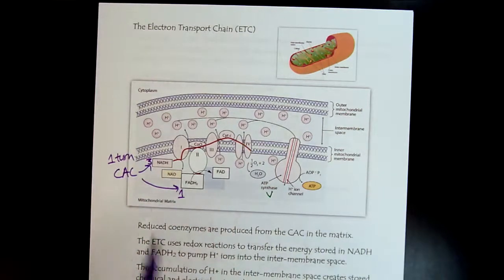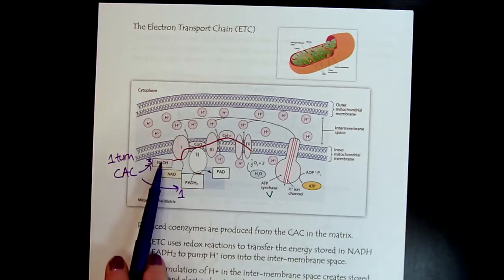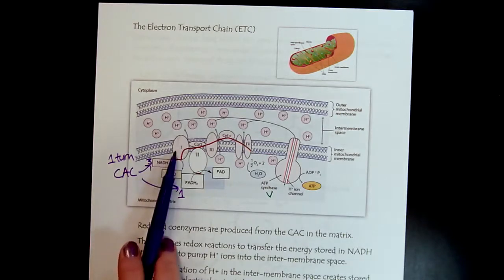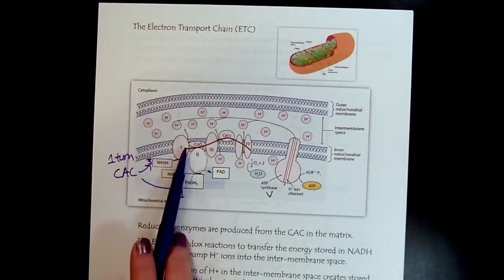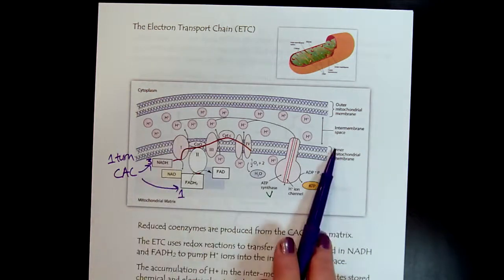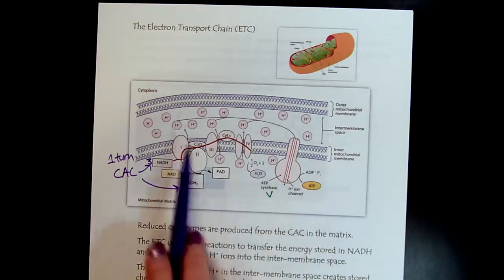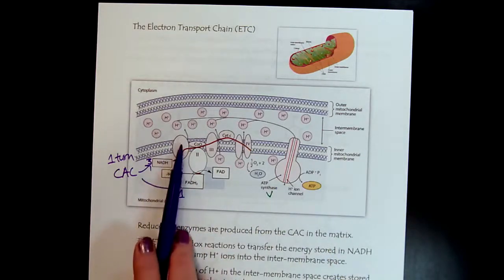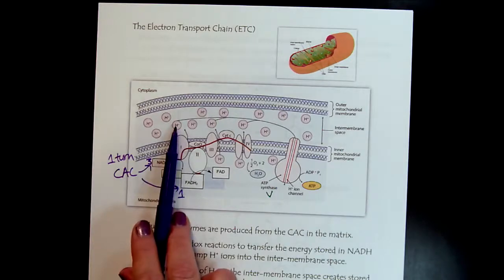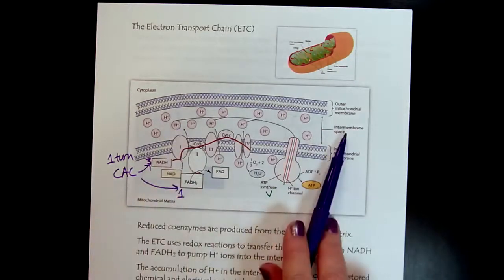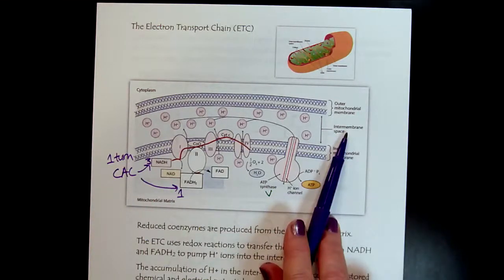Now, it's important to note that the NADH enters the electron transport chain at complex 1. And see how complex 1 crosses through the inner membrane. And so during complex 1, protons are pushed into the intermembrane space.